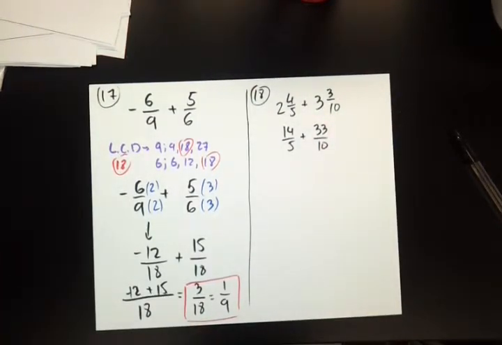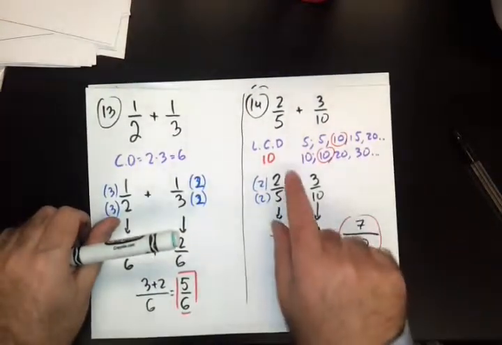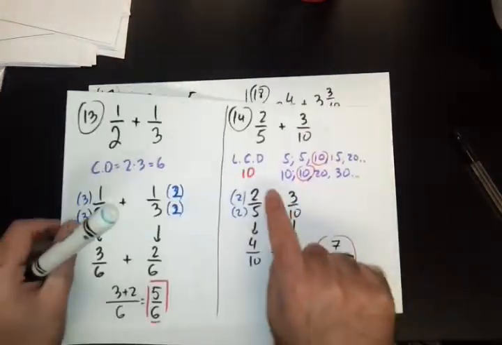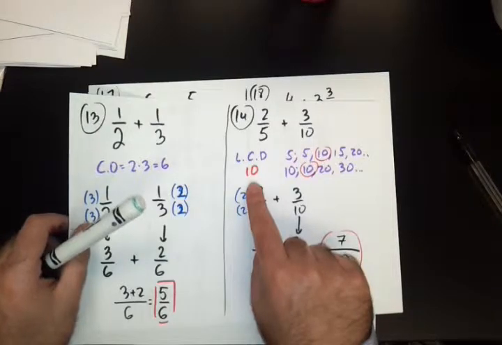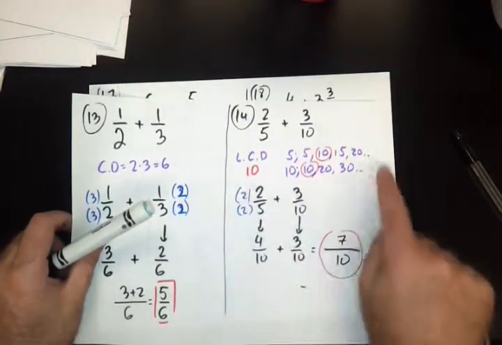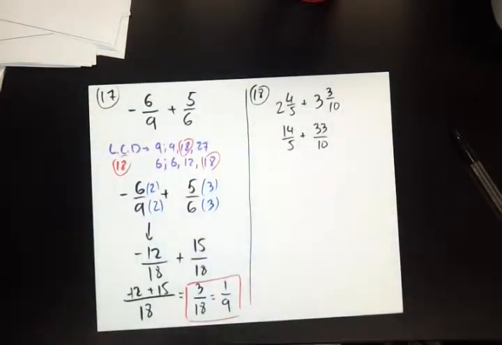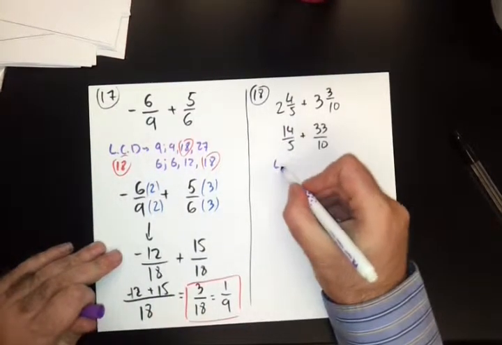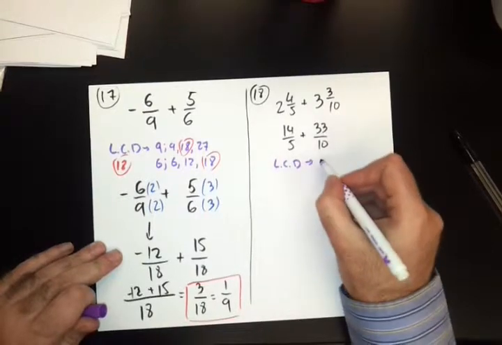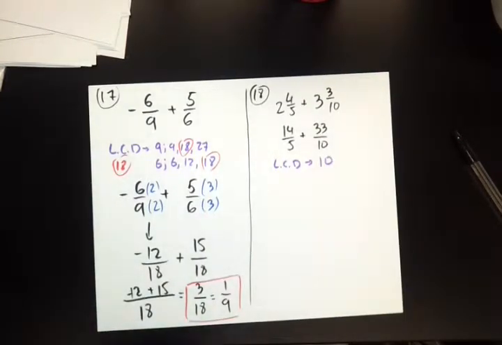The LCD is going to be, in this case, and I think I did one just a little bit ago, between 5 and 10, the LCD is 10. So I'm not going to redo this, but it's the same method we did for problem 14. So I'm just going to say that the least common denominator between these two is 10. Because again, we worked it out on problem 14.